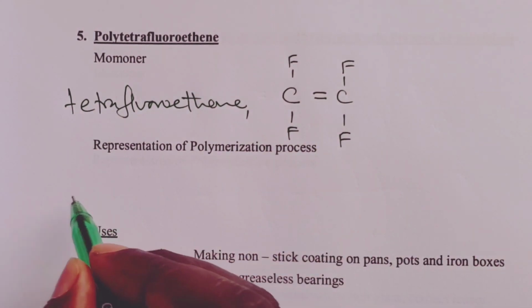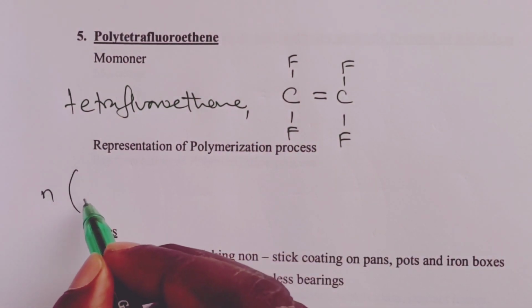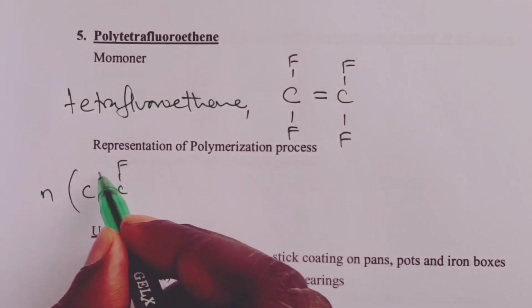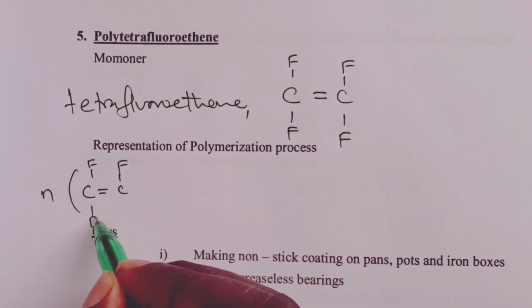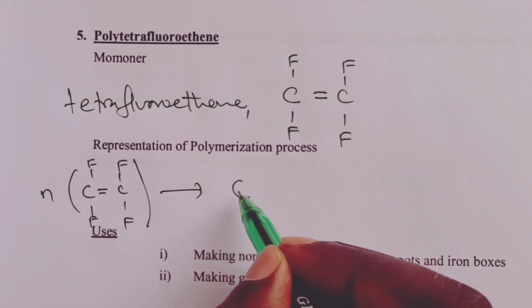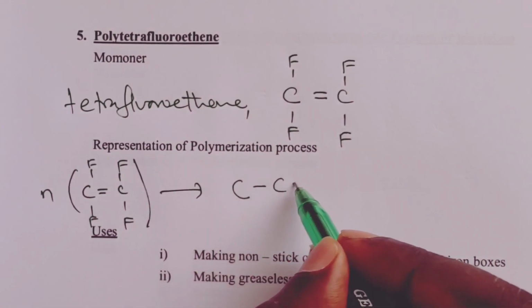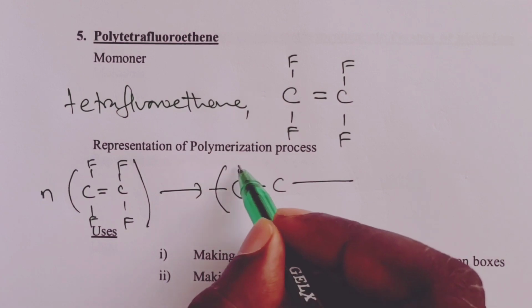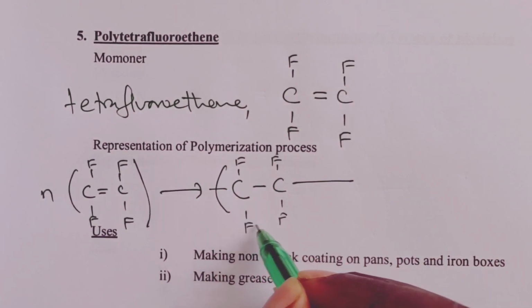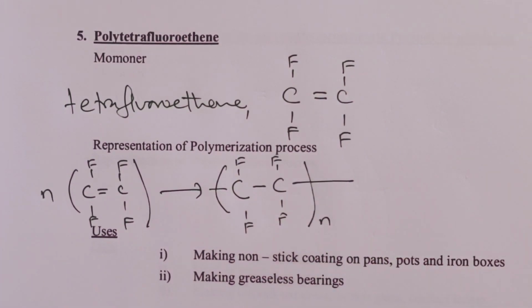To represent the polymerization, n monomers or n moles of monomers are reacted, or joined, to give a long chain that would look like this: polytetrafluoroethene.